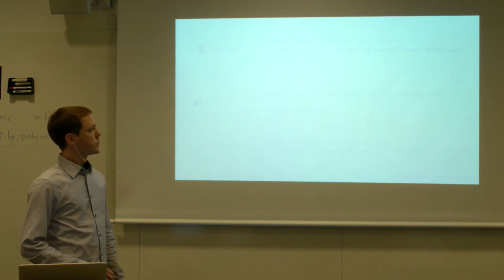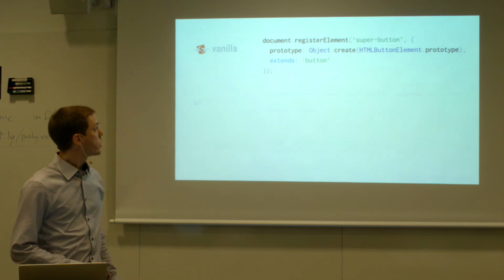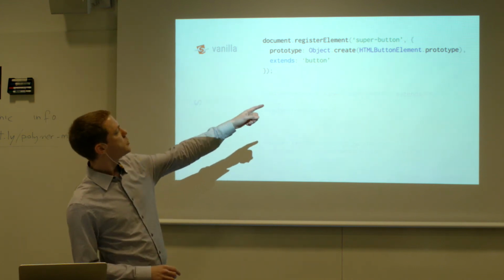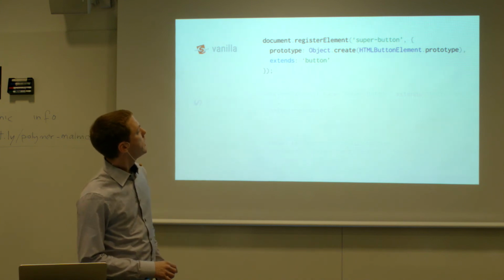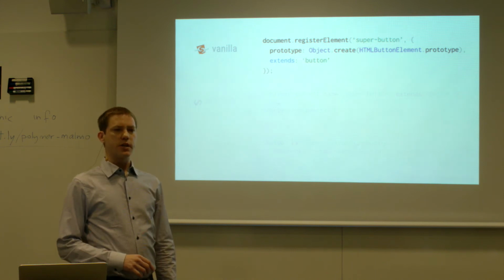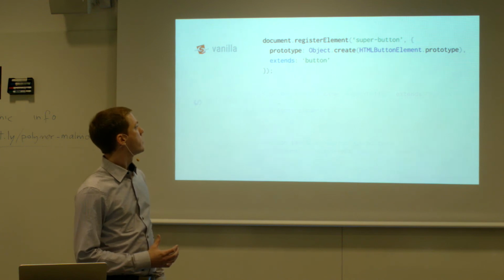But I also mentioned that you can extend elements. Say you want to create a super button: you could specify the prototype to be the button element prototype, and you specify that it extends the button tag name. That's how you do it with web components.